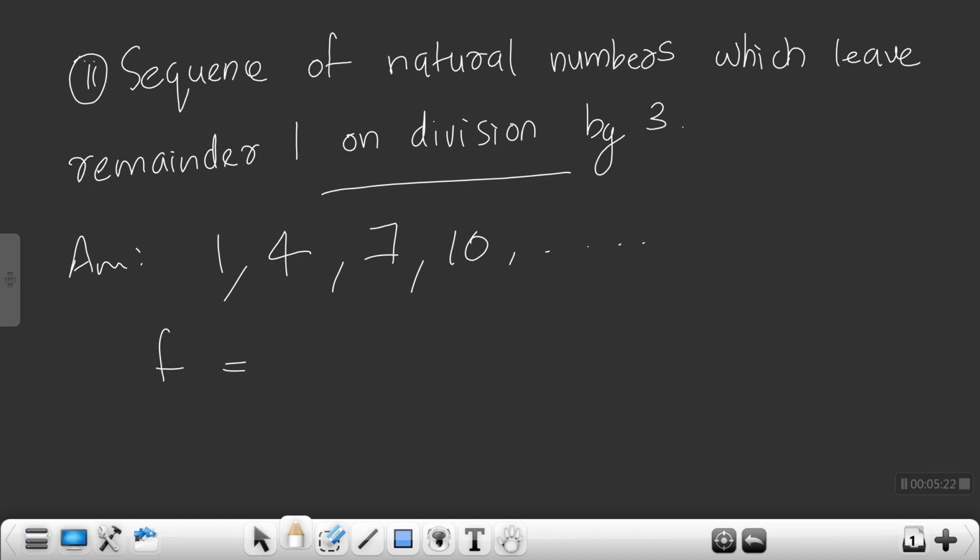Here also the first term f is equal to 1 and the common difference, second term minus first term, is 3.